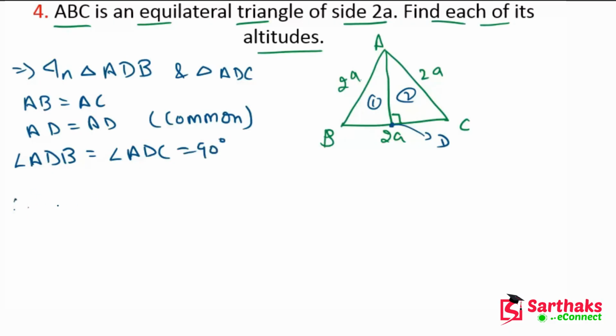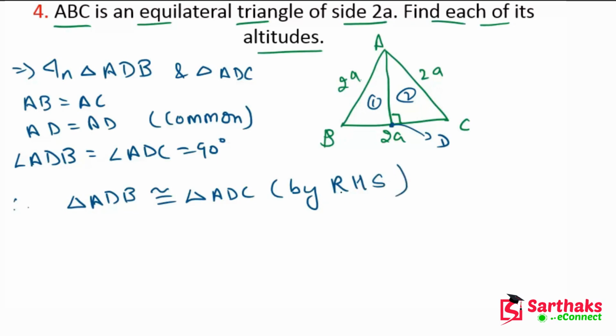Therefore we can say that triangle ADB is congruent to triangle ADC by RHS congruency.